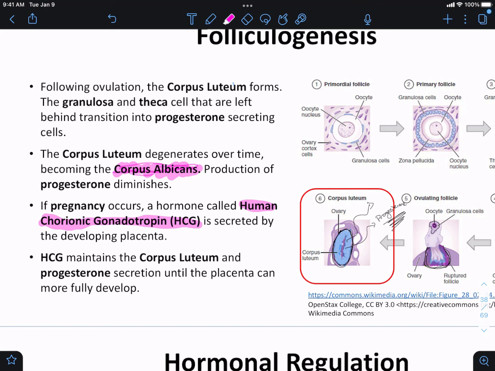But it begins to be secreted, and it actually maintains this corpus luteum so that it continues to produce the progesterone. It does not maintain it forever. Eventually, at some point in the pregnancy, the placenta will be big enough and fully mature, at which point the placenta takes over for the corpus luteum, and the corpus luteum then at that point will decay into the corpus albicans.